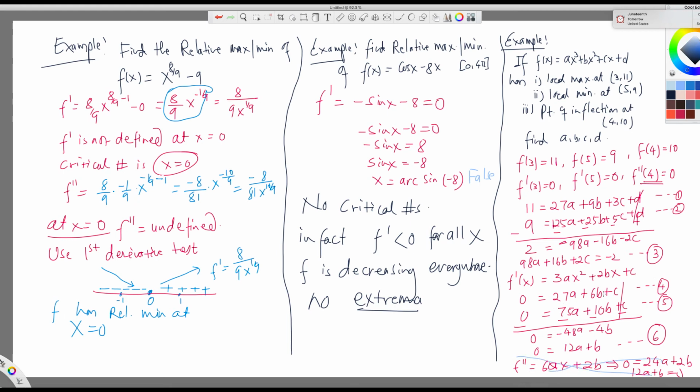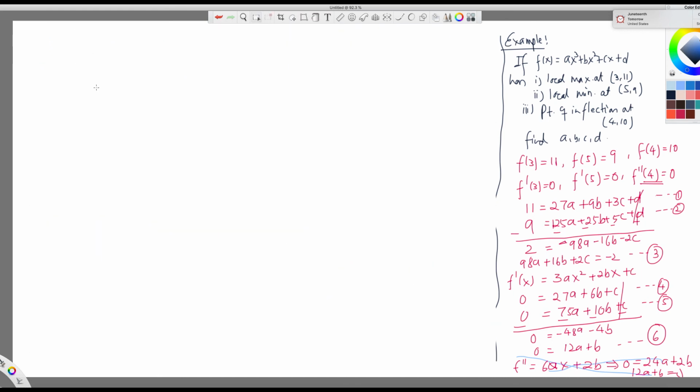You can solve equation 3 and 4. You see that? Equation 3 has 98a plus 16b plus twice c minus 2 equals negative 2, and that has 27a plus 6b plus c. So what I want to do next is solve it. Let me list equation 3.